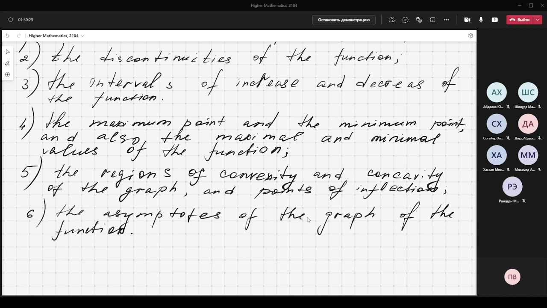For example, if we have found out that the given function is continuous and differentiable, and if we have found the maximum point and the minimum point of the function, we have thus already determined also the range of increase and decrease of the function.